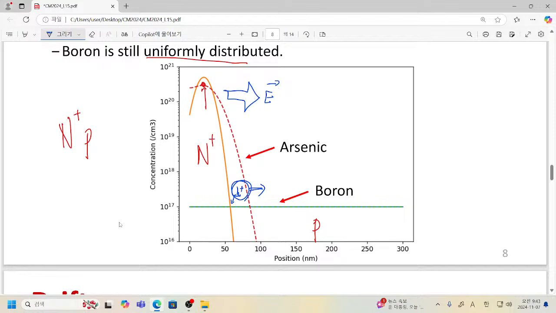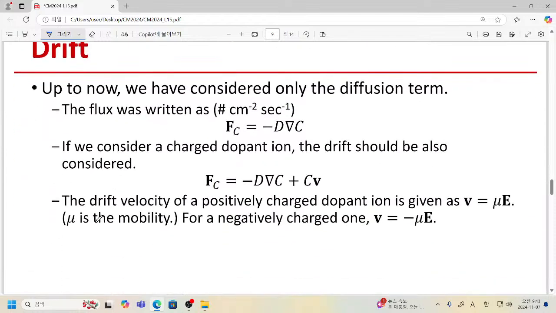Since our borons and arsenics are distributed locally at a certain point, even in this case we have an internal electric field, and this internal electric field can make a certain change in our diffusion simulation. That is the point. Okay, so now let's think about this one. Up to now we have considered only the diffusion term.